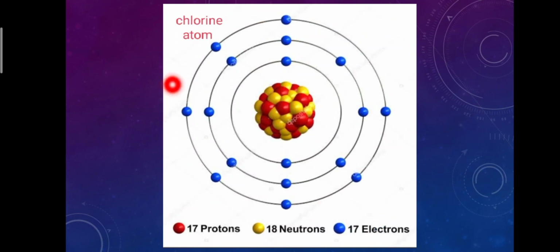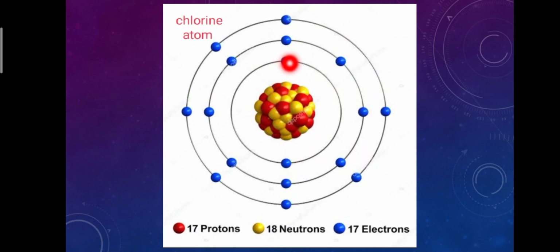Example number 2, chlorine atom. The atomic number of chlorine is 17. Chlorine atom contains 17 protons in the nucleus with 18 neutrons and 17 electrons revolving around the nucleus. The K shell of chlorine atom contains 2 electrons.